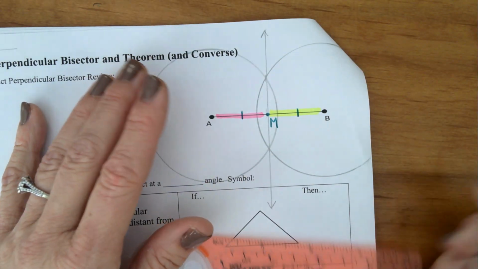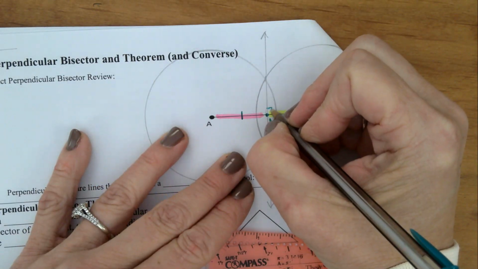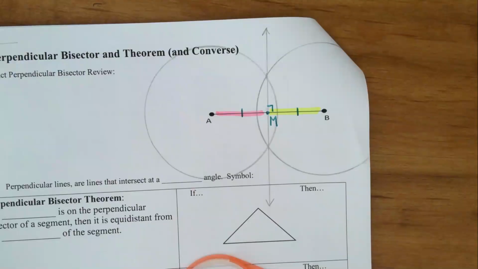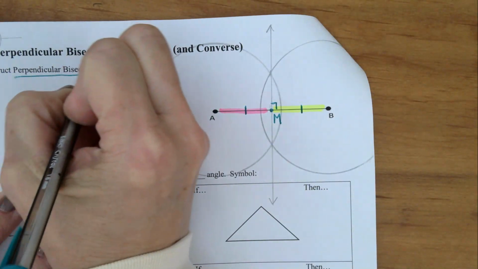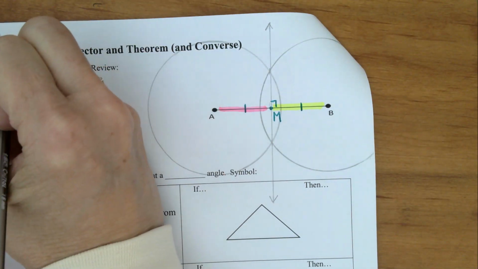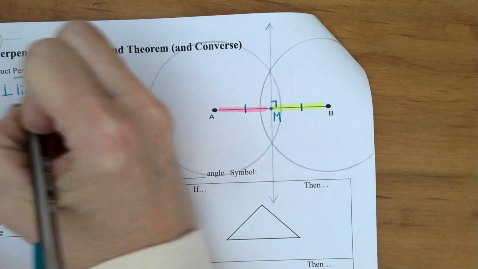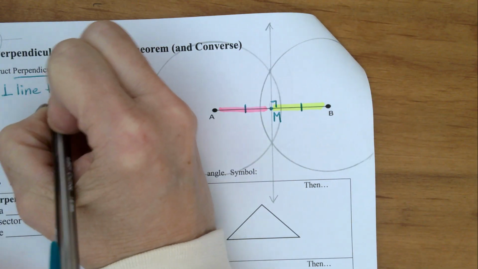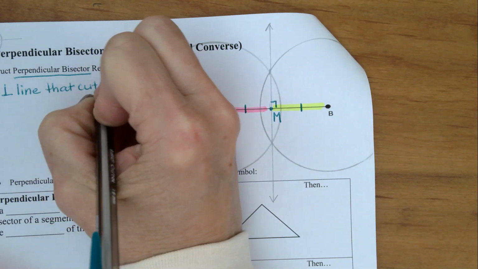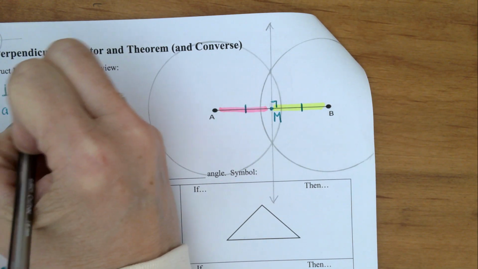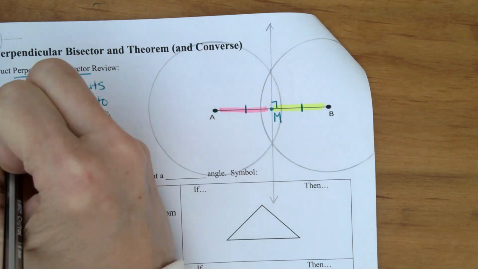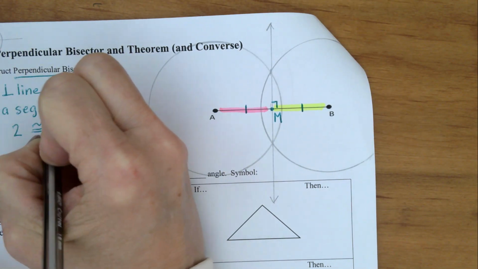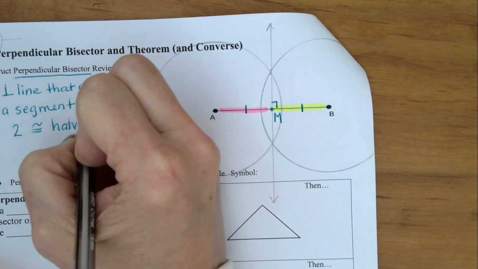All right, the other thing I want you to draw is a right angle. Okay? So, because this line is a perpendicular line. In fact, it's a perpendicular bisector, which is a perpendicular line that cuts a segment into 2 congruent halves.